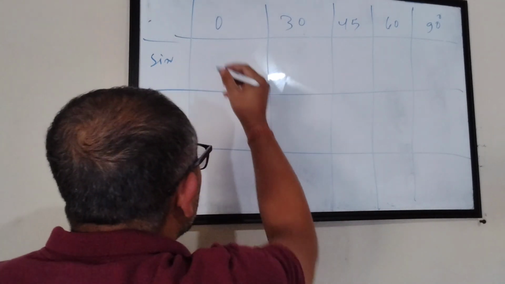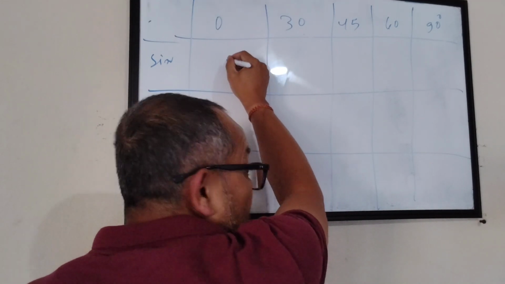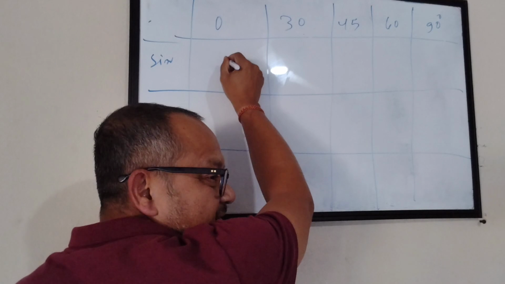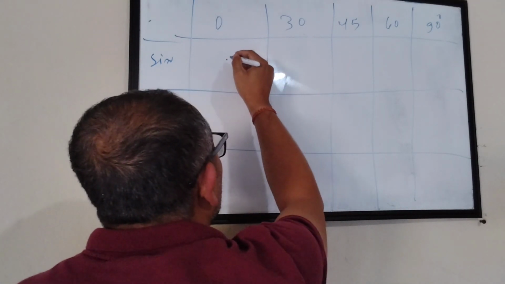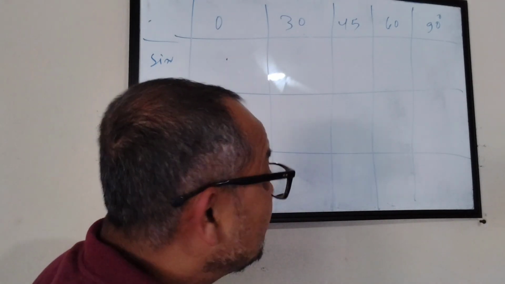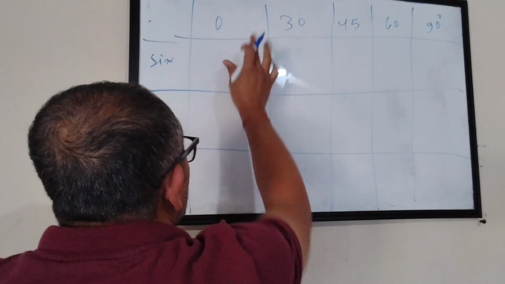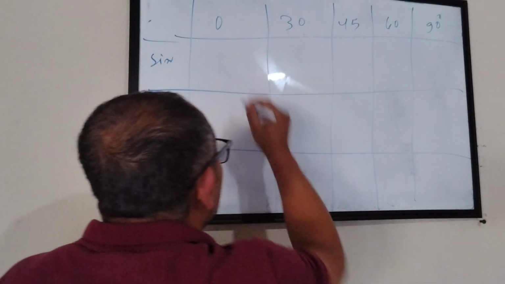So sine 0 is how much? Who remembers? Yeah, go ahead, Ishwari. Would it be the same as 360, so 2 pi? No, I'm saying the value of sine 0. Sine 0 degree equals how much? It's 0.